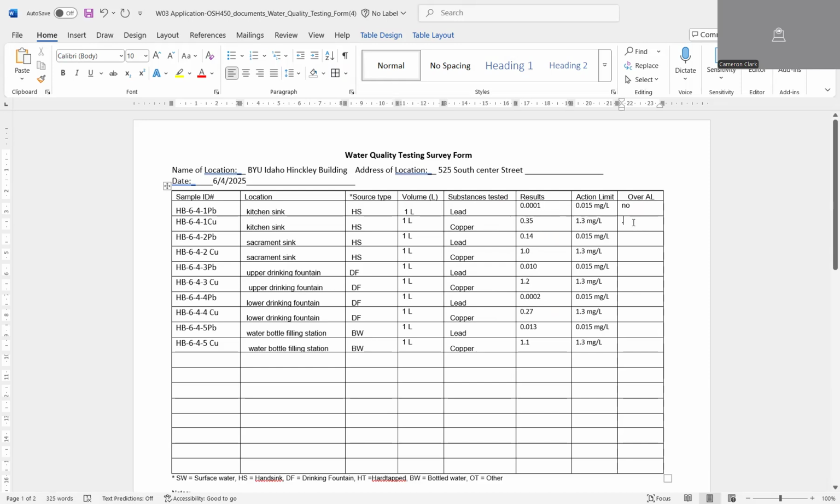No, so no again. 0.14, is that over 0.015? Yes, that is higher. And then the next one is 1. Is that more than 1.3? No. 0.01, is that over 0.015? No. And so forth. So you'll just finish that.